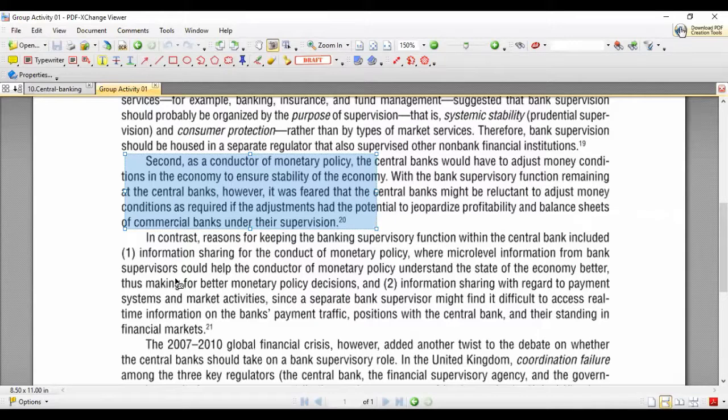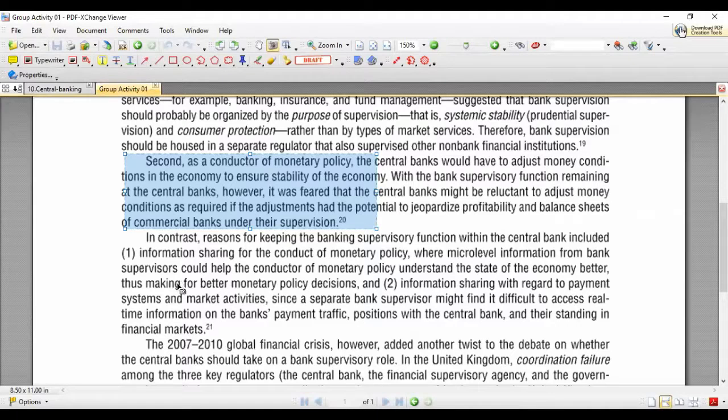So if the central bank has the supervisory function, they can access that micro level data gathered by the commercial banks, and accordingly they can use that data to conduct monetary policy as well. So having the supervisory function will be beneficial for them to understand the economic condition in a better way.